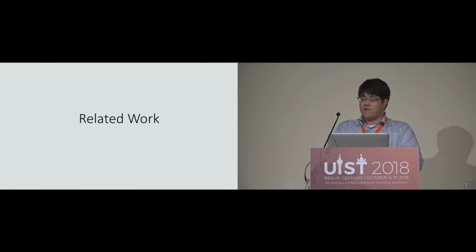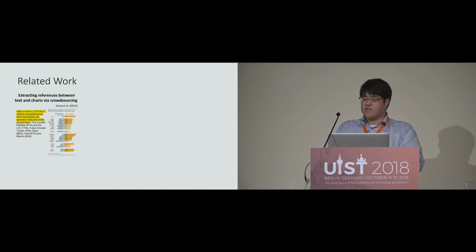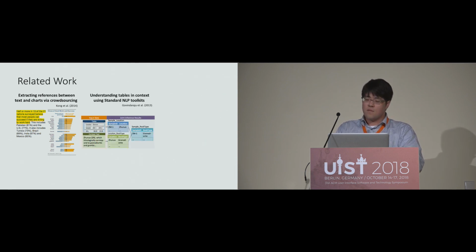Before I tell you how our system works, I need to talk about some of the related works. Kong extract references between text and visualizations using a cross-sourcing pipeline, which makes it hard to scale. In contrast, our work is automatic. Govindaraju et al. joined the data in a table with information in the surrounding text.